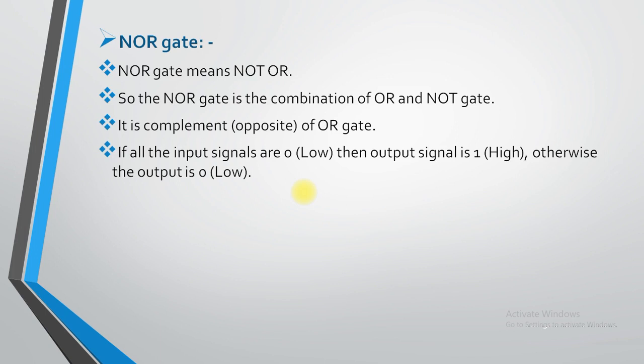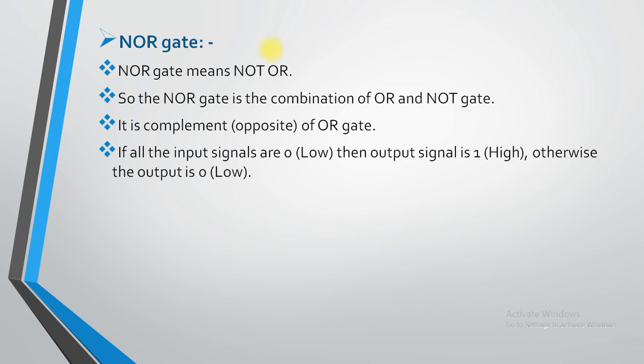Over here we can draw the circuit of NOR gate by putting one bubble, or by putting a NOT gate, in the OR gate. We can call it a complement or opposite of OR gate.